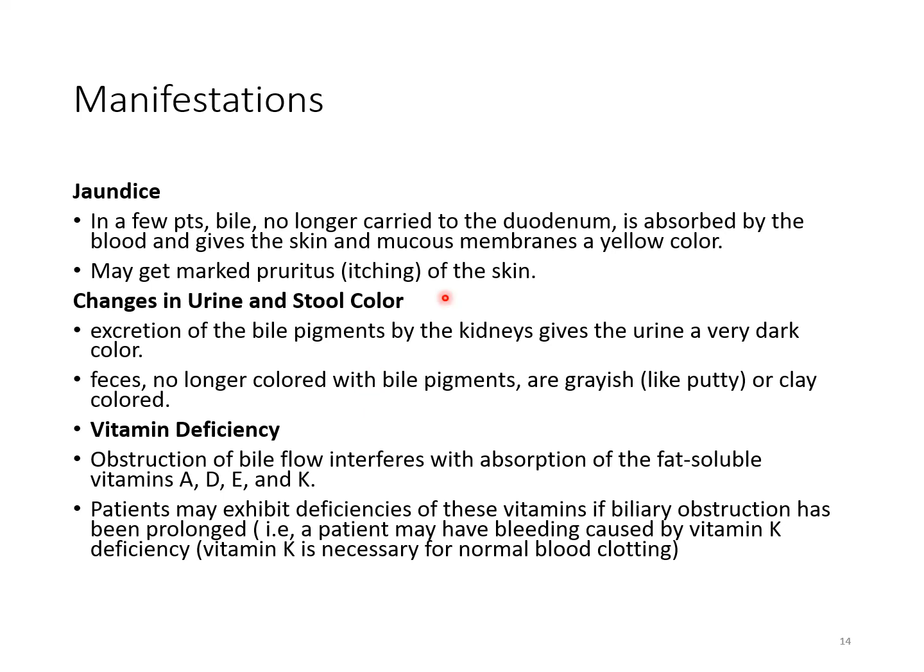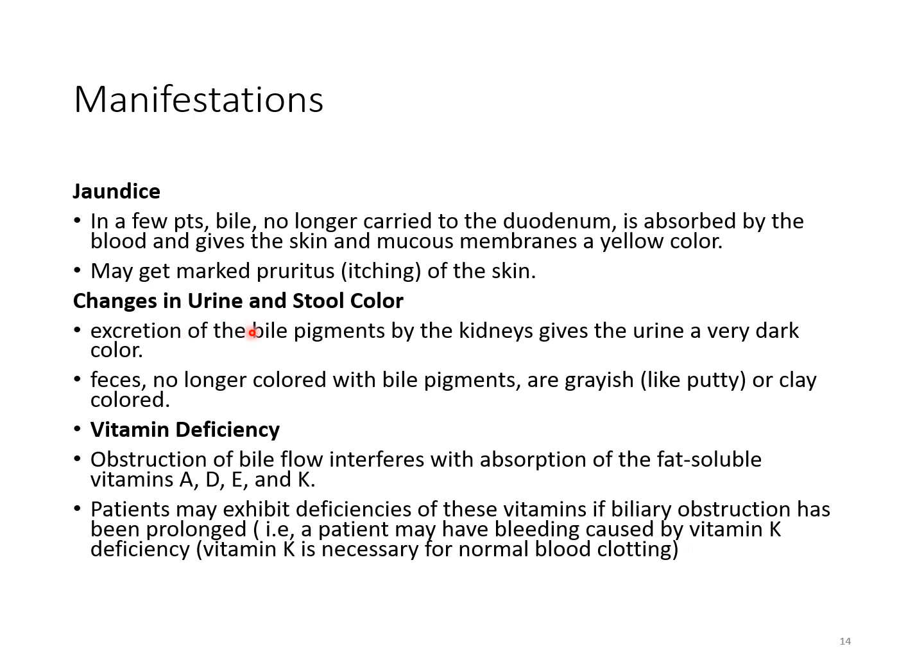All right, some patients, if the bile is not going where it's supposed to be going because it's been obstructed, not going to the duodenum, then you're going to get a patient with a yellowish skin color, right? Because some of it is being absorbed by the blood, and the color of the skin changes to yellow. Okay.